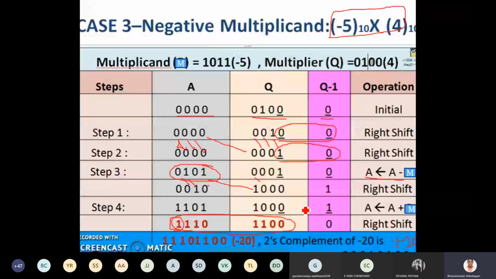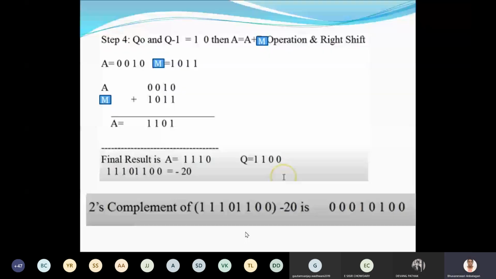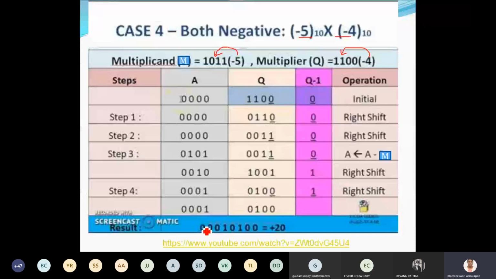Unlike this particular case where the result shows as a negative number, but the actual result will be slightly confusing, for verifying that I am asking you to take the 2's complement of the number. But in case of both negative numbers, in the result itself you will find that the value is a positive value.